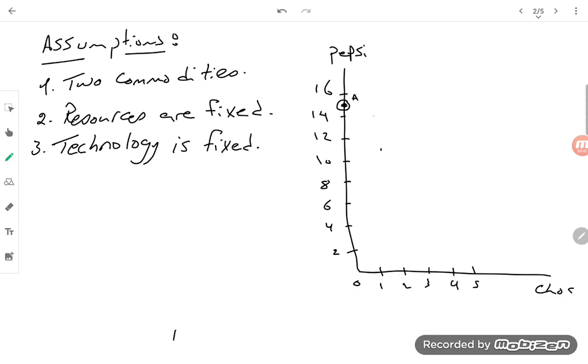This is combination B. 2 and 12, this is C. 3 and 9, this is D. 4 and 5, this is E, and finally 0 and 5, this is F. Now we are going to connect these points together. This is PPF.